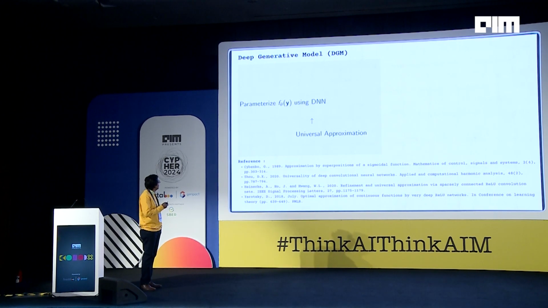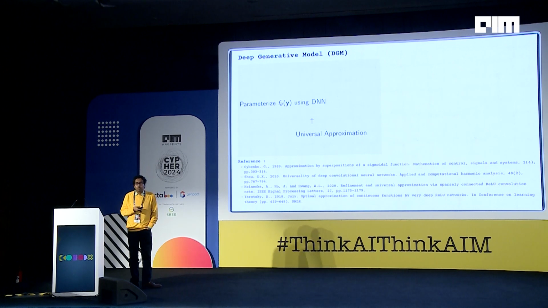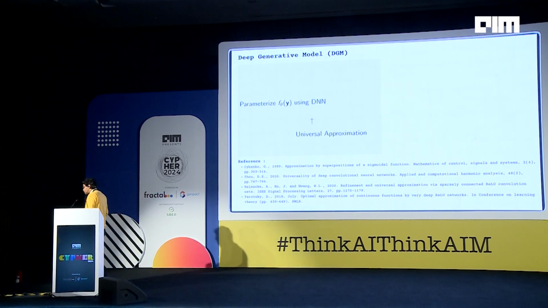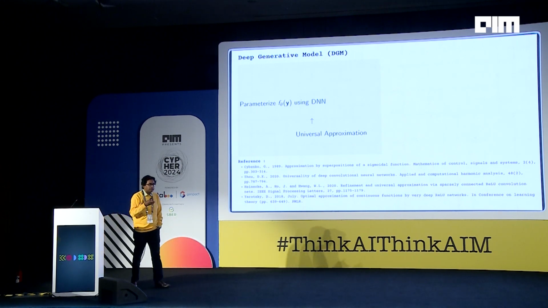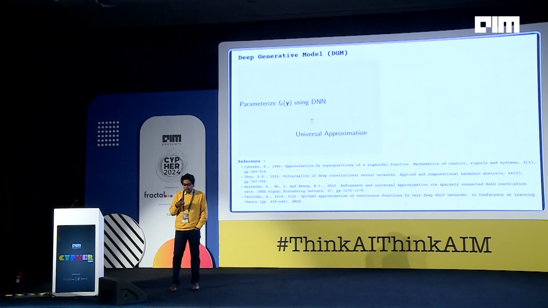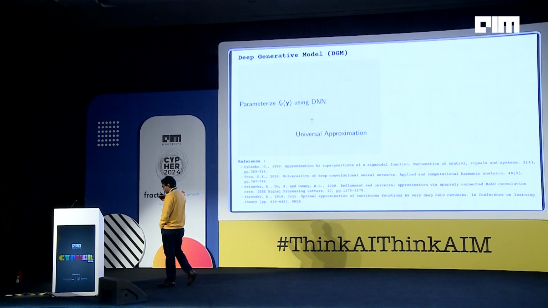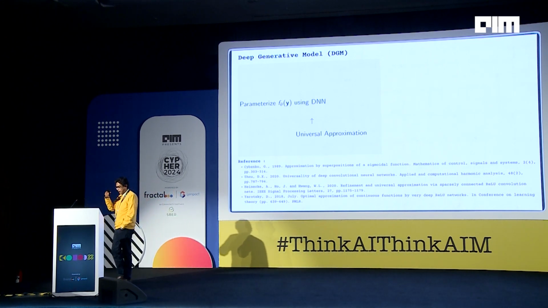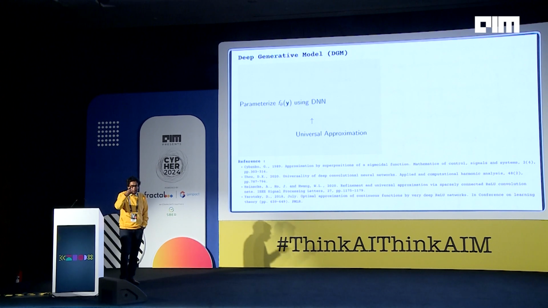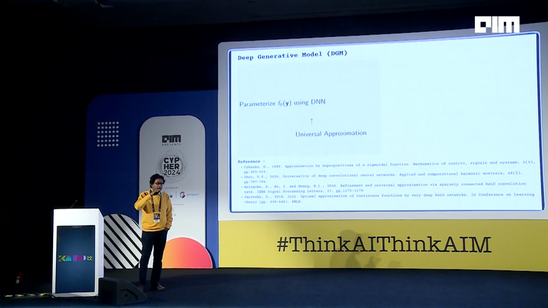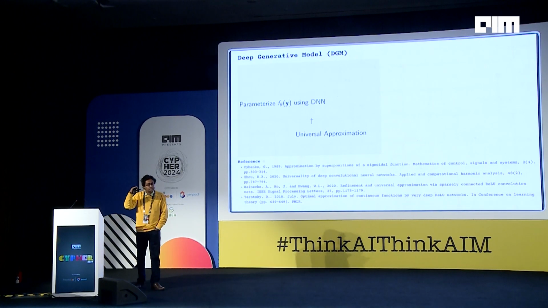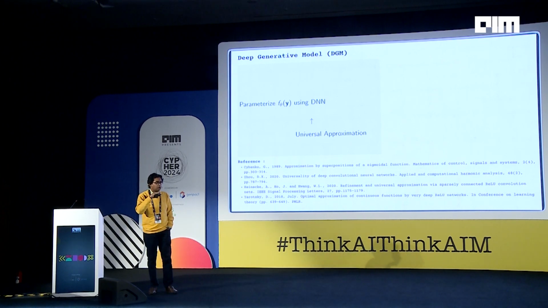Now what you do is we try to parameterize f_theta(y) using a DNN. What is our backbone? There is something called the universal approximation theorem, which gives us theoretical confidence that with even one layer, any bounded function can be approximated to a significantly high degree using a neural net.